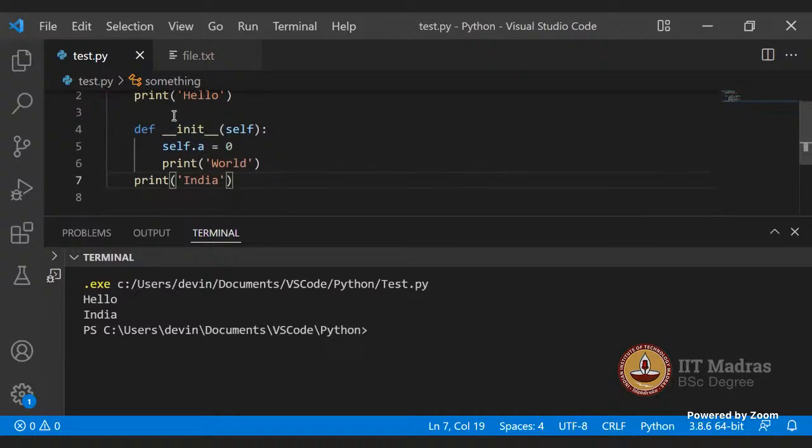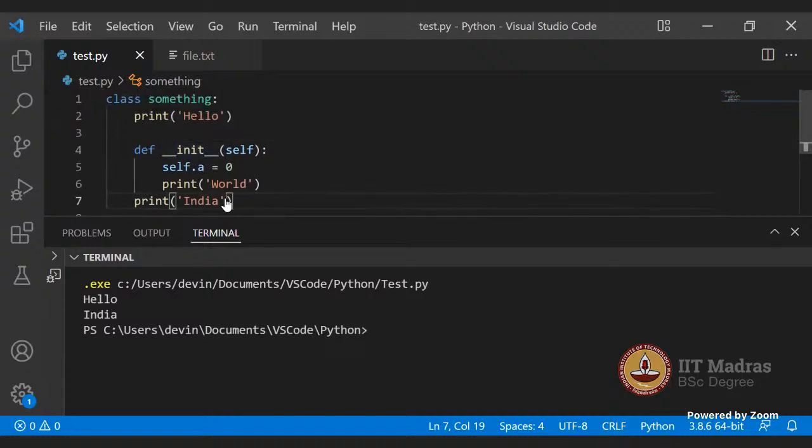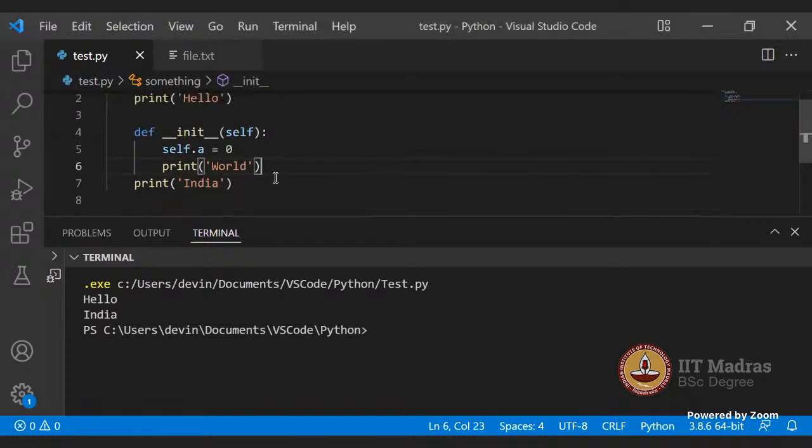I did not even define any method. But it has printed this hello India. The reason is this print hello and print India, they belong to the class. They do not belong to the object. That's why they'll be printed first. They'll be executed first.